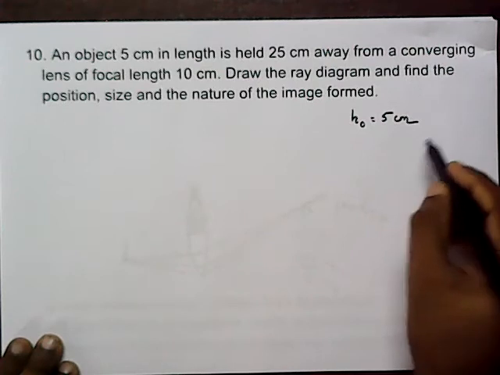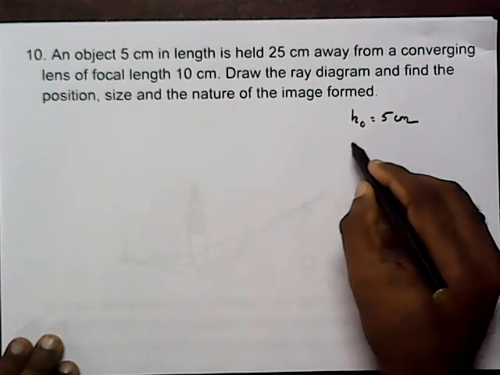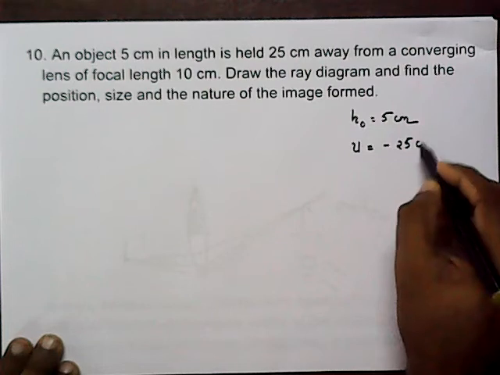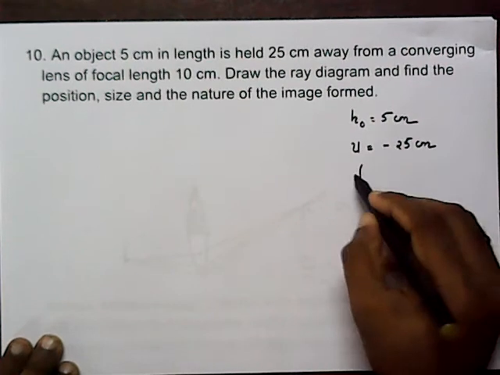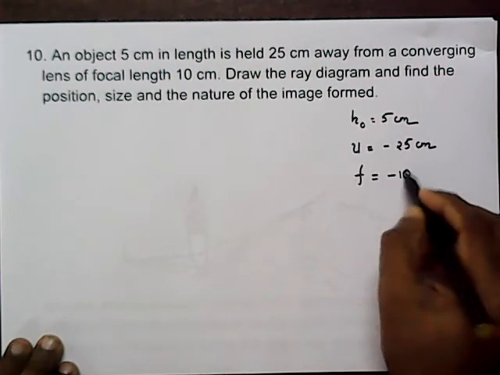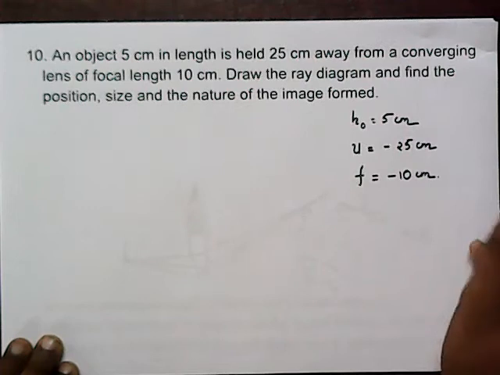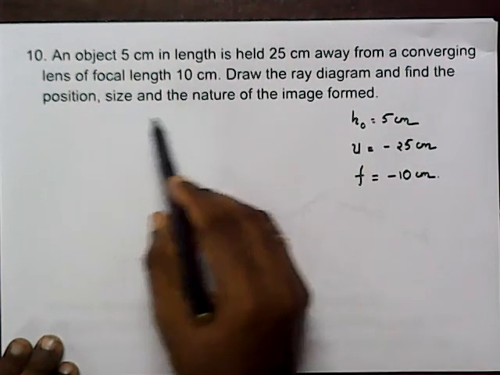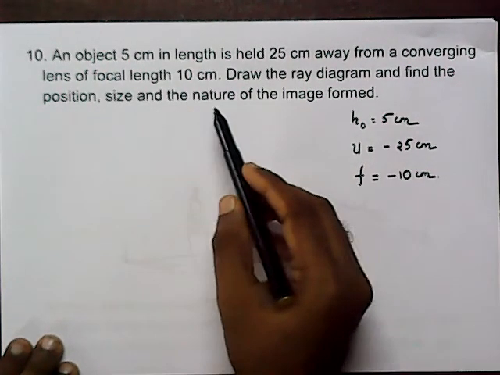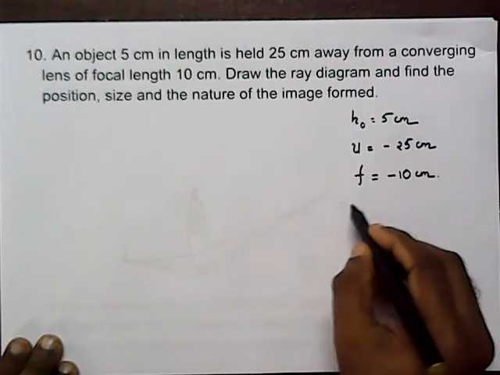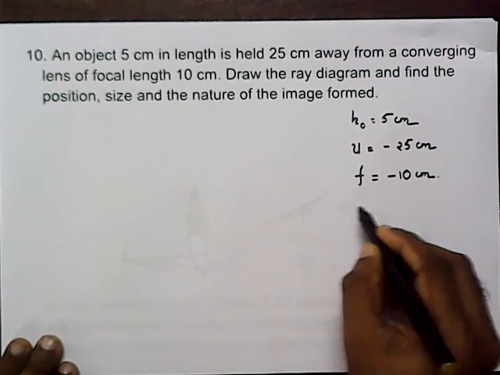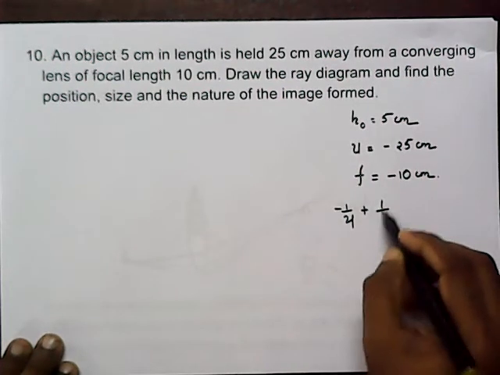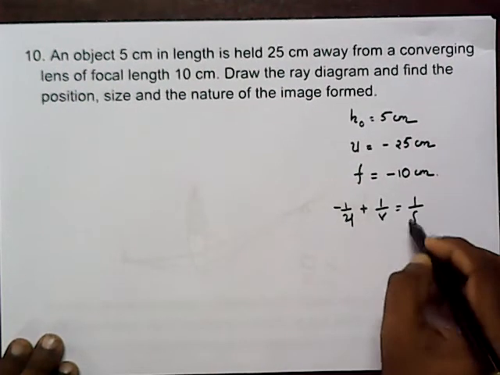The object distance is given as 25 centimeter, and its focal length is given as 10 centimeter. So we have to find the position, the size, and the nature of the image. For a converging lens, we can write 1 by u plus 1 by v is equal to 1 by f.